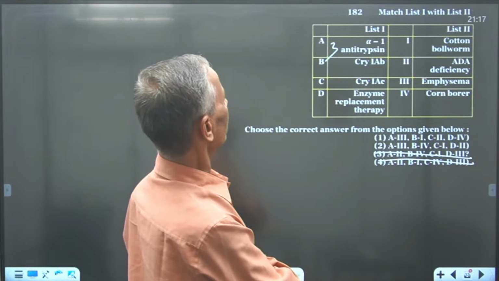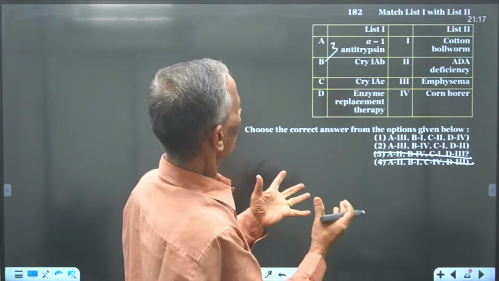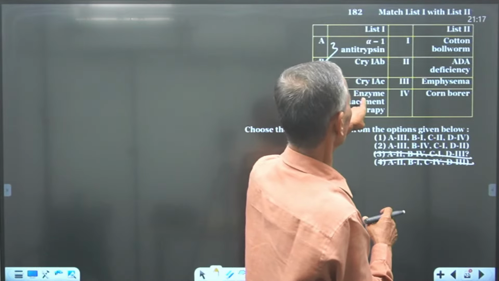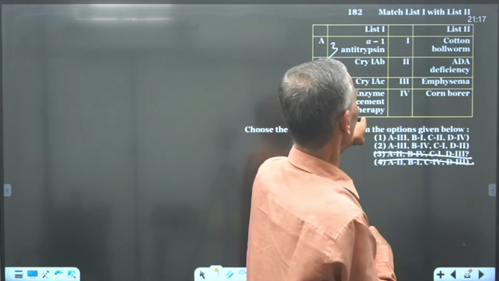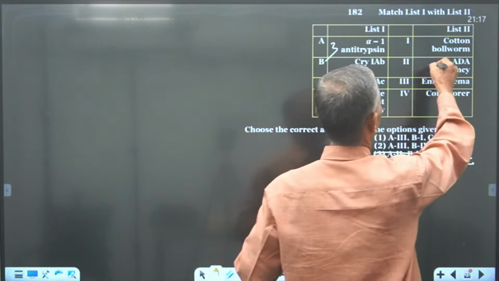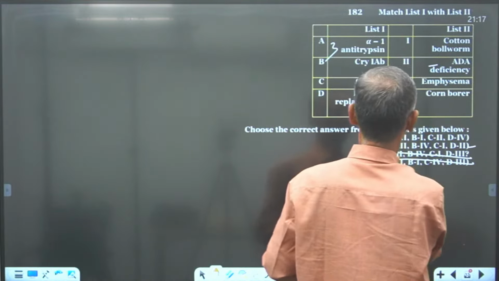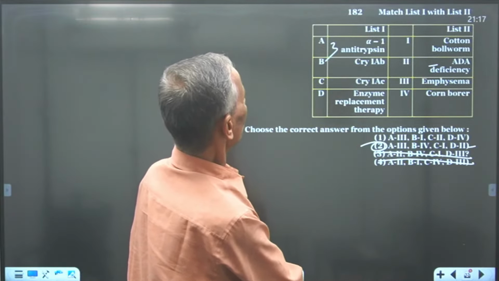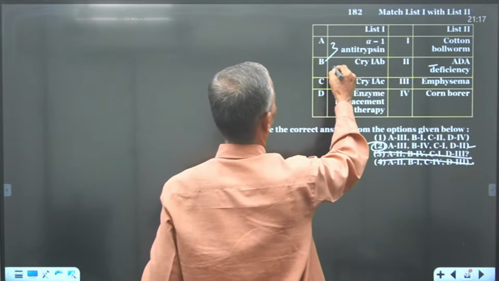Cry1AB and Cry1AC. You may be having some confusion, but there is one answer that will be clearing you. Enzyme replacement therapy, how is this for ADA deficiency? It is 2. So remember that Cry1AB is for corn borer.